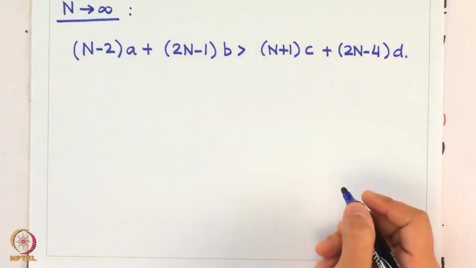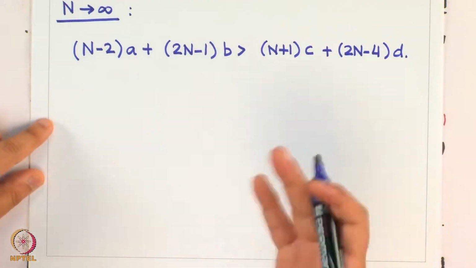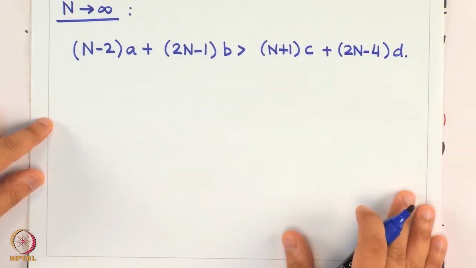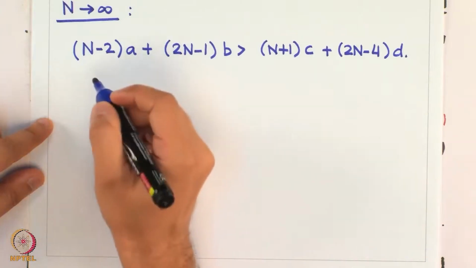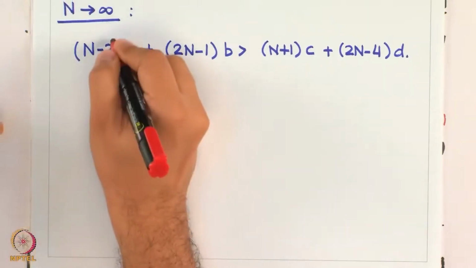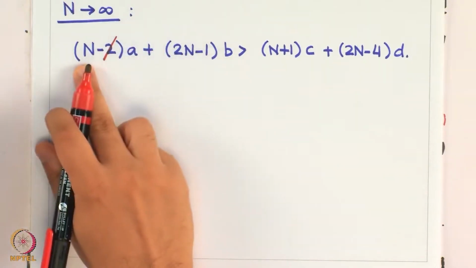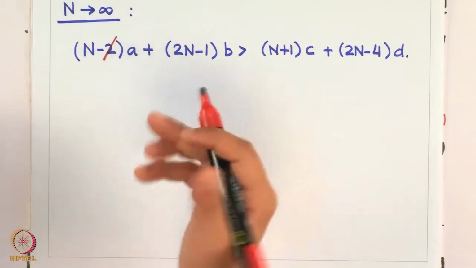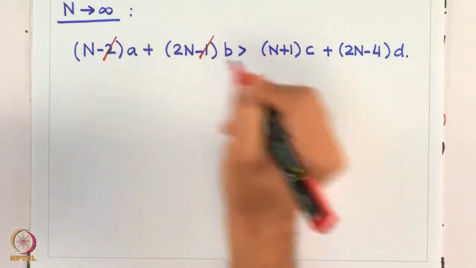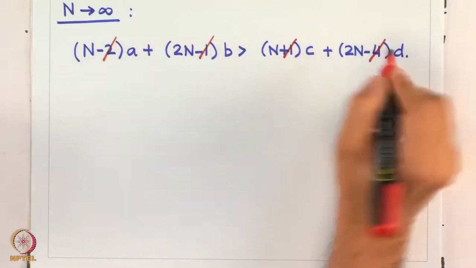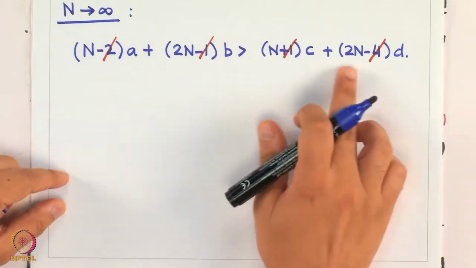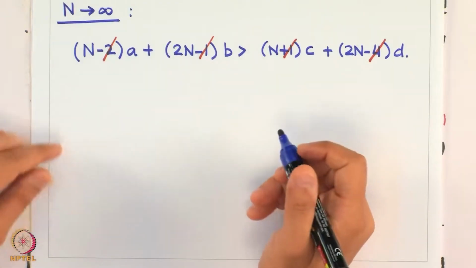And if N is very large, you can think of N in terms of 10 power 8, 10 power 9, a typical bacterial population. Then we are simply going to drop these constant terms, because as compared to N, 2 is very small. So, N minus 2 is effectively just equal to N, and we are going to drop all these terms, because compared to the variable terms which have N in them, these terms are very small.